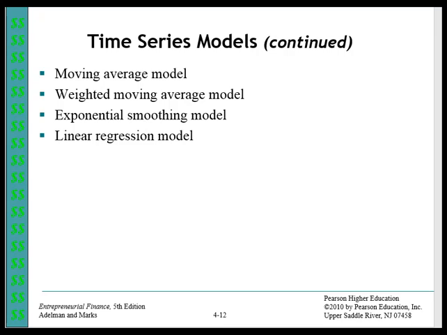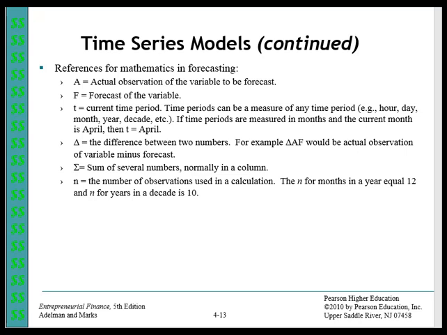So when you think about time series, right, since we're using data, we need to understand what the variables are. The A in our model is the actual observation, and the F is the forecast. T is time. Delta, this triangle here, is the difference between two numbers, right?